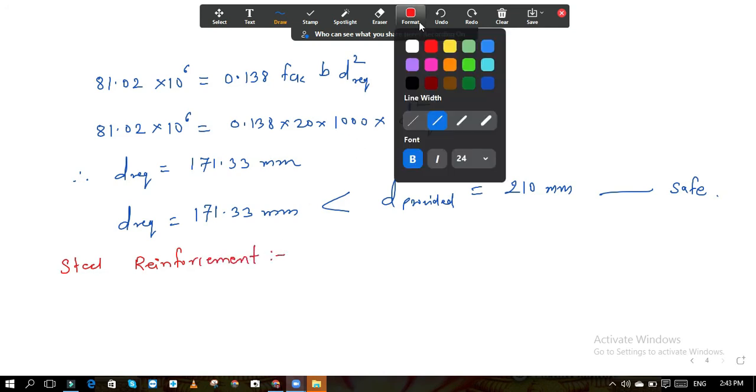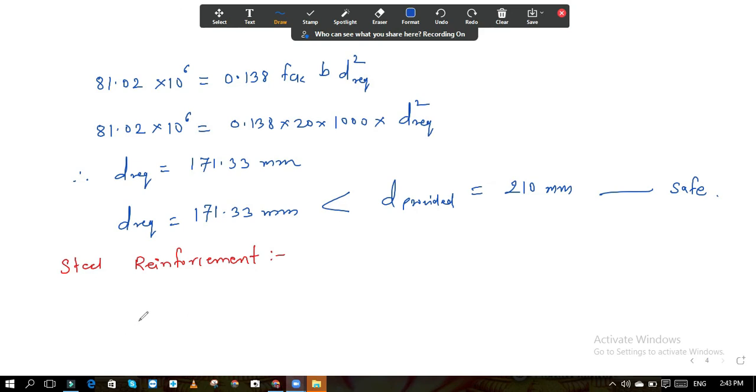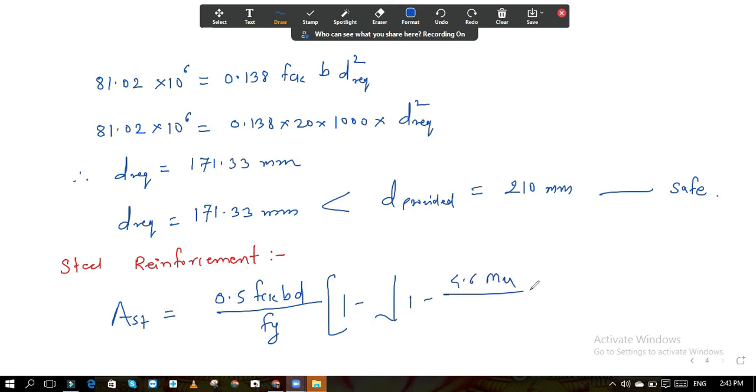You know the formula. AST is equal to 0.5 FCK B D upon Fy, under root 1 minus under root 1 minus 4.6 Mu upon FCK B D square.